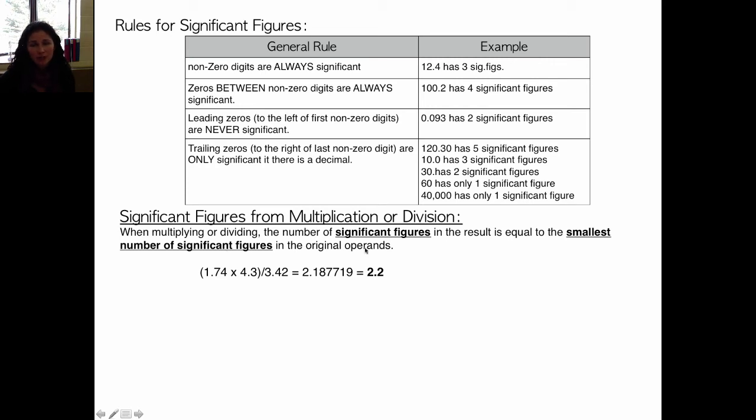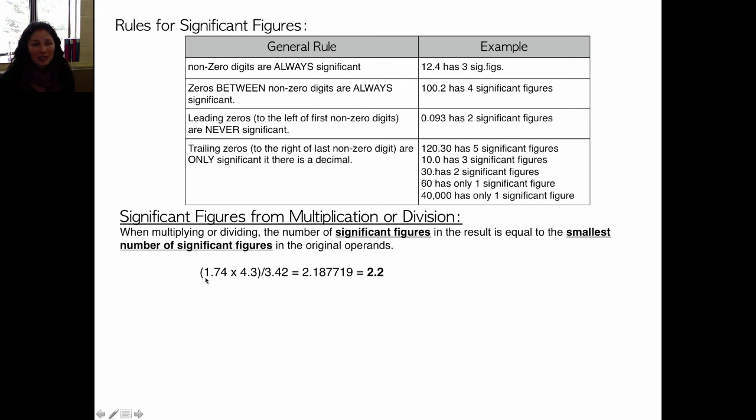Operands is just a fancy name for numbers. So here are our operands, and you're basically going to be limited in your answer by the operand that has the least number of significant figures. And this is the case when you're multiplying or dividing.